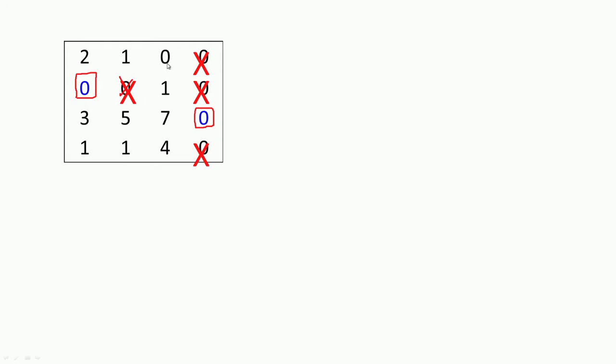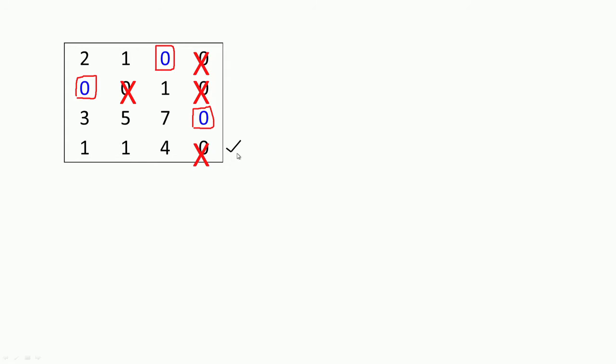The third column has only 1 0, so we will make an assignment here. To do that, we again put all these assignments in boxes. This was our first assignment, this was our second assignment, and this is our third assignment. Now, all the zeros are either assigned or crossed, but then we have only 3 assignments as against the required 4.